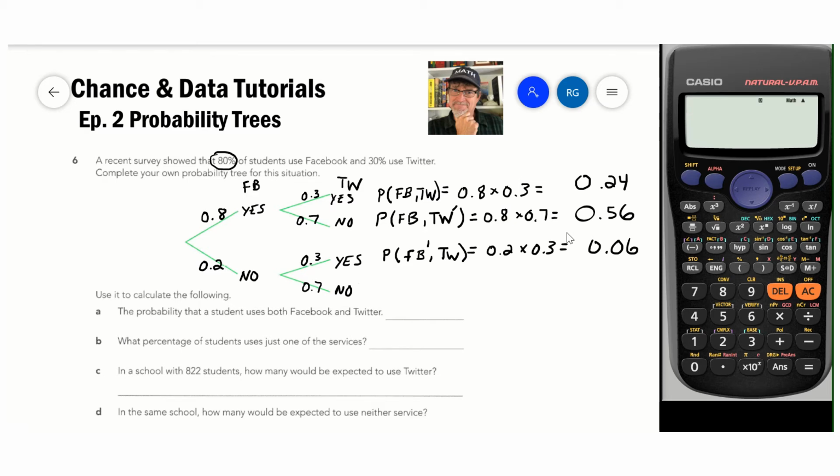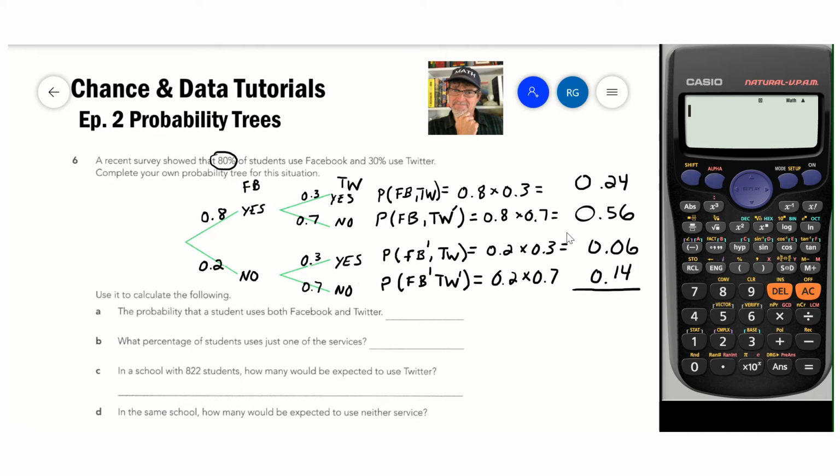And the last one is the probability not Facebook and not Twitter. And that's going to be 0.2 times 0.7. That gives us 0.14.